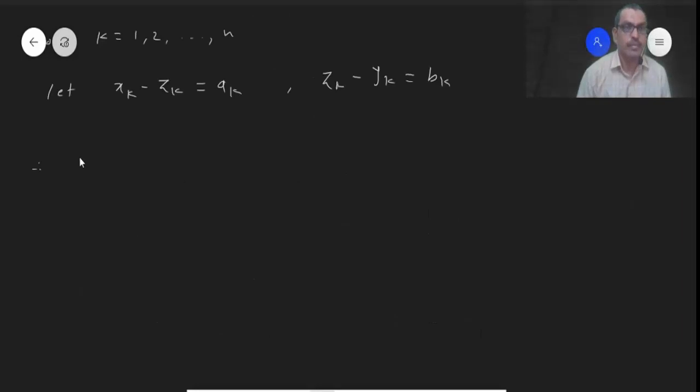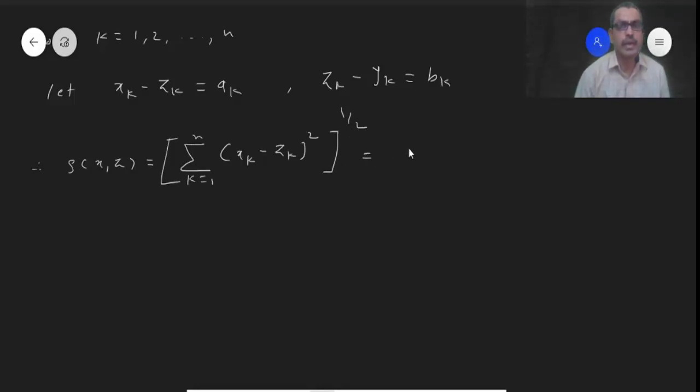Therefore rho of x, z is equal to the summation of (xk minus zk) squared, raised to half, k from 1 to n, which is equal to the summation of ak squared, k from 1 to n, raised to half.